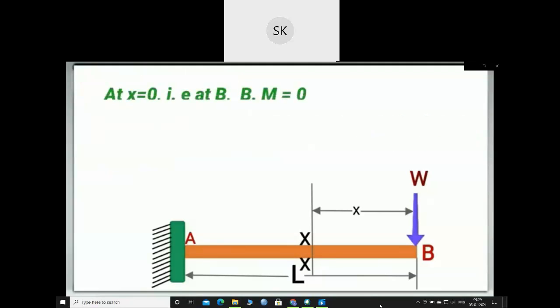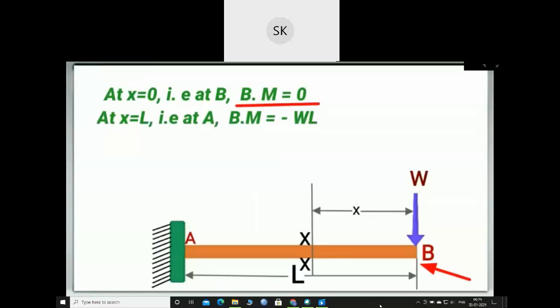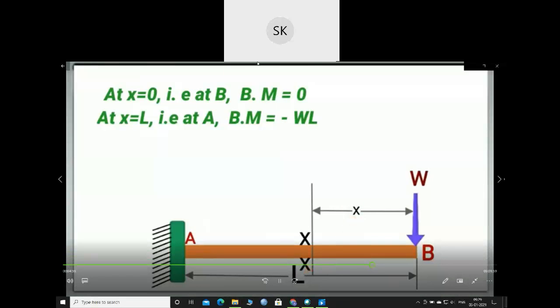At x equal to 0, that is at point B, the bending moment will be 0. At x equal to L, that is at point A, the bending moment will be equal to minus WL. Since at point A x is equal to L, substituting x equal to L in the bending moment equation, we get the bending moment at A equal to minus WL.